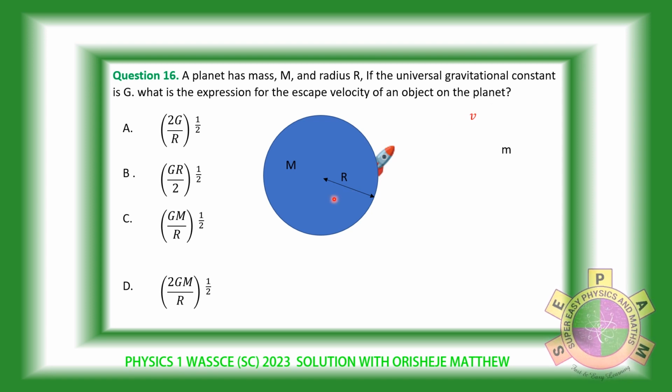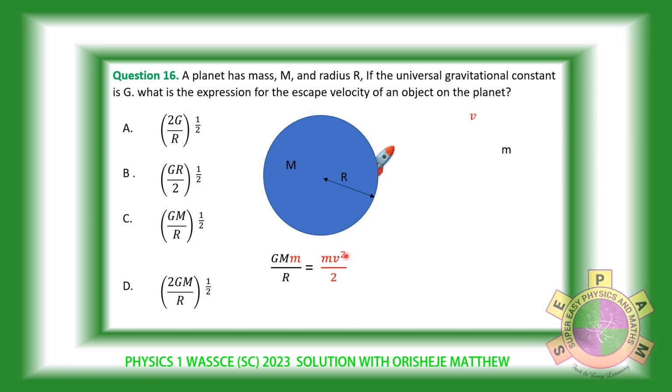So what we are going to do here, the work done in moving the rocket out of the earth is equal to the kinetic energy of the rocket as it escaped. So this is the expression for the work done, which is force times distance, gravitational force multiplied by the distance r. And then this is the expression for the kinetic energy of the rocket as it flies away.